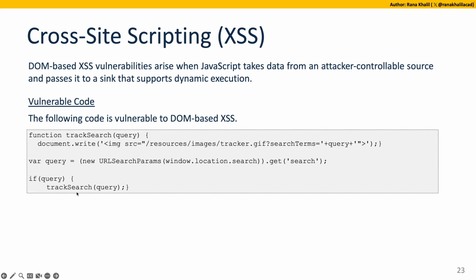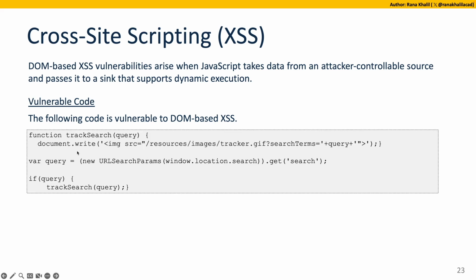Then it calls the trackSearch function and passes the query value as a parameter. Now in the trackSearch function, it writes to the DOM an image element that has a source URL that contains the query string. You can see immediately over here that there's user-supplied input, so our source, that is being propagated to a sink, which is document.write.